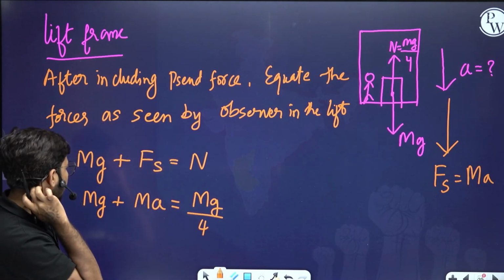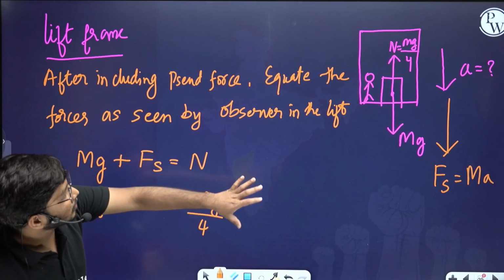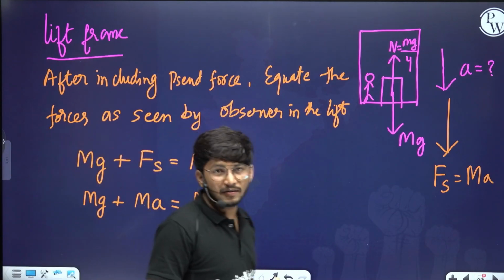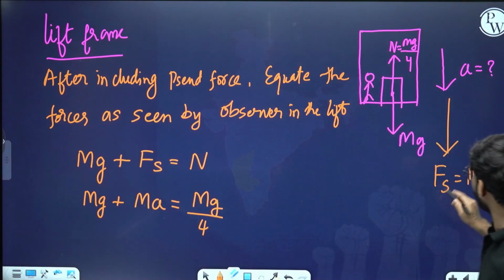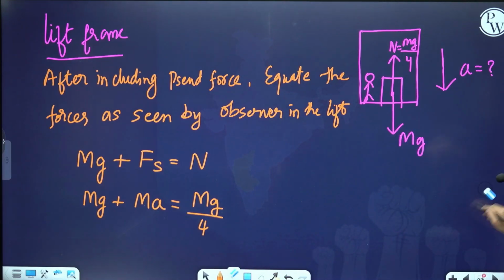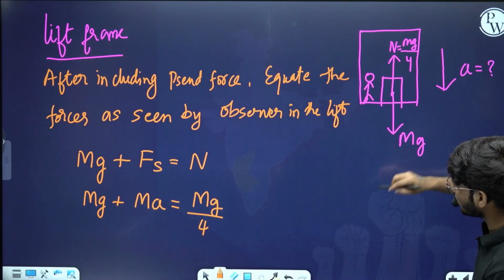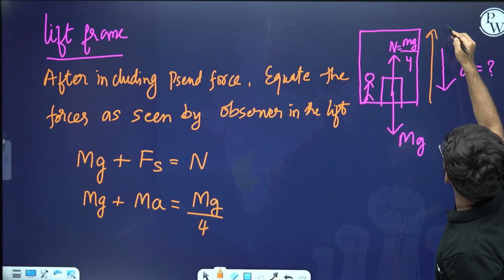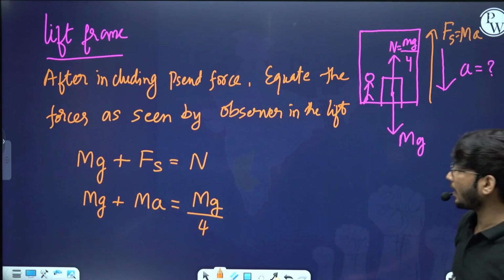So mg plus, no, what is the mistake? That pseudo force has to be opposite to the direction of acceleration. So pseudo force is going to be in this direction. It is m into a in the opposite direction, correct?